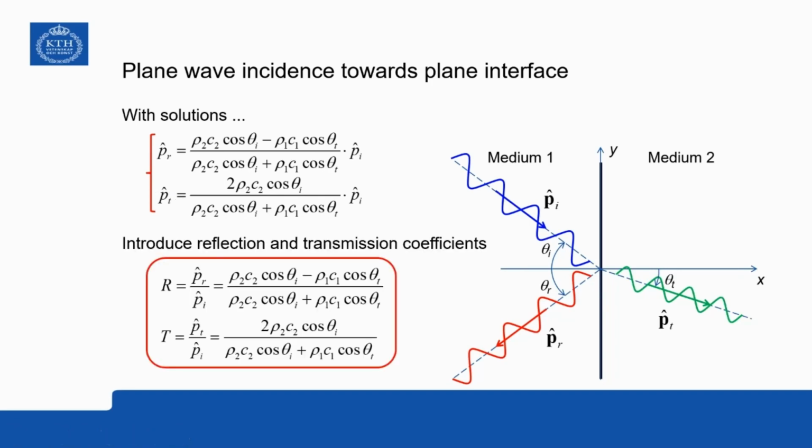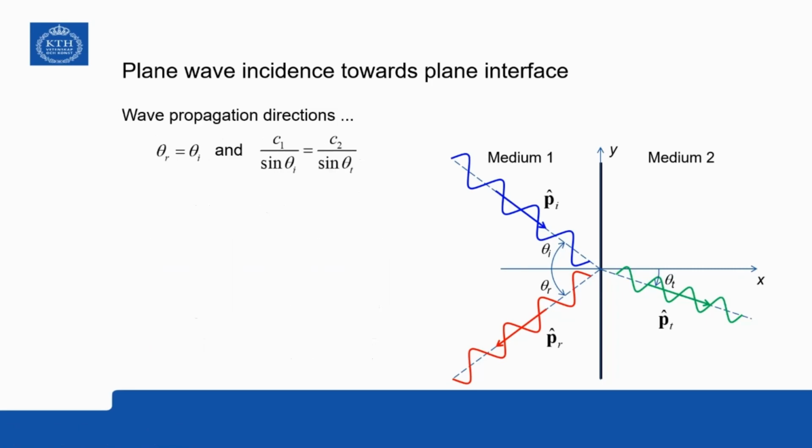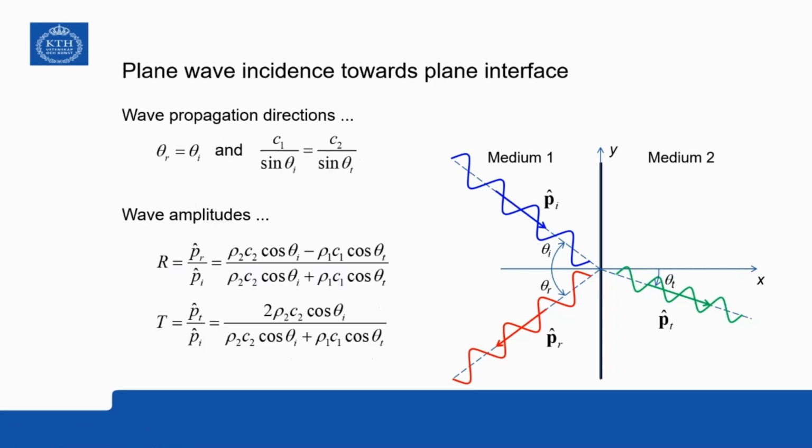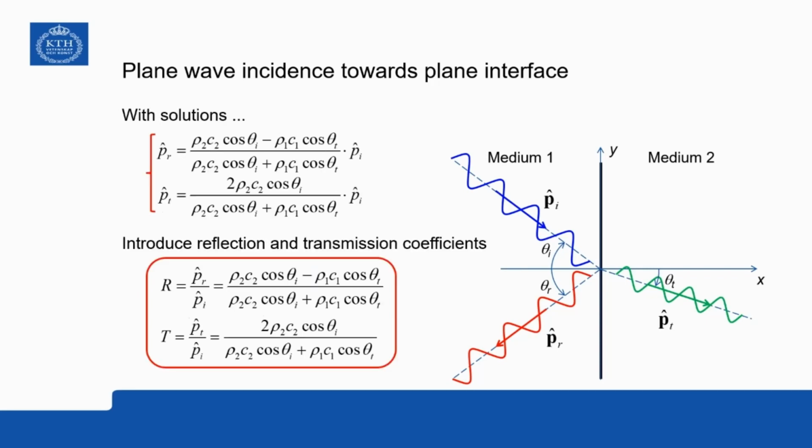So now we can introduce something that is called reflection and transmission coefficients. The reflection coefficient is defined as the ratio of the reflected wave amplitude over the incident wave amplitude.